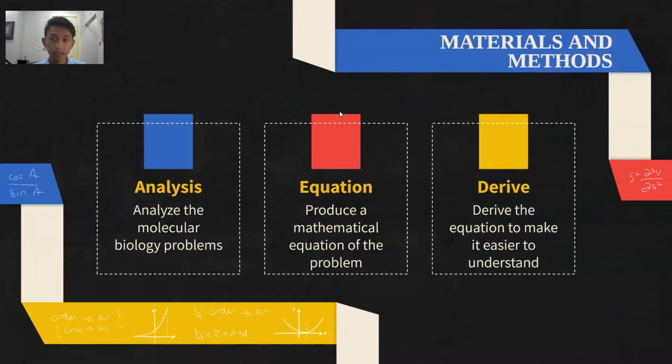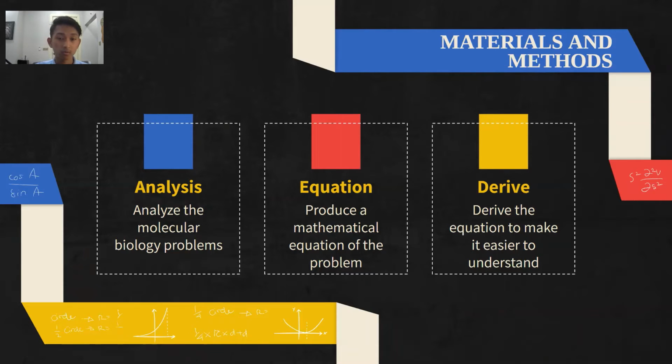So for the materials and methods on how the applications can be made, first it is important to analyze the molecular biology problems, such as genetic problems, and how we are going to change them into a mathematical equation.